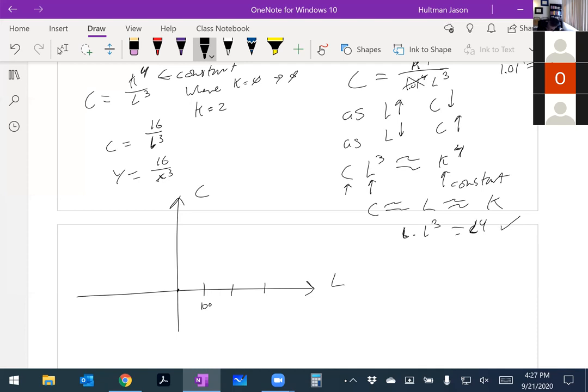Well, the only difference is the constant that's on top.